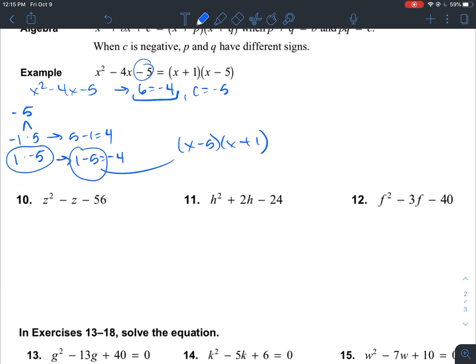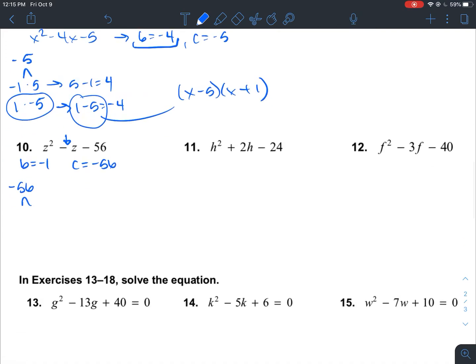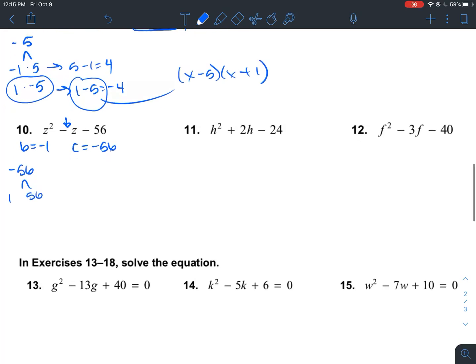So right here, b is equal to negative 1, that's the coefficient right there. C is equal to negative 56. So take negative 56 and list the factors. So that would have to be 1 and 56, except one of them would have to be negative.